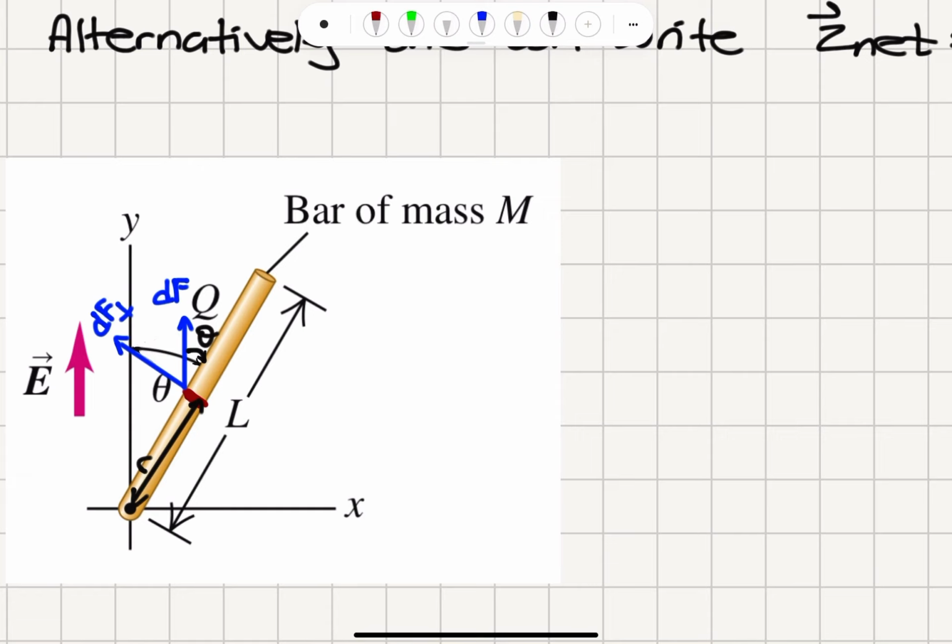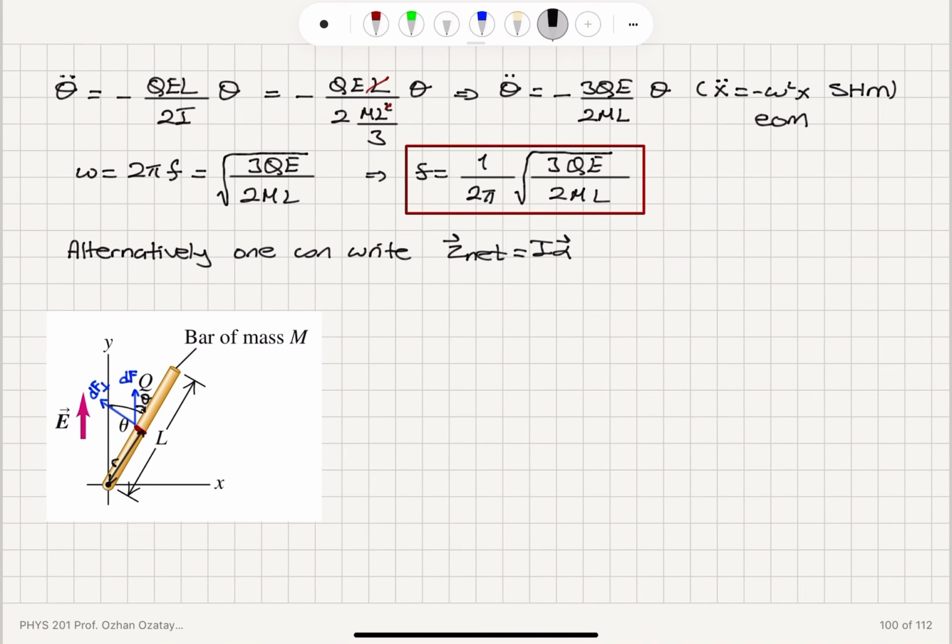This will have a component that goes through the pivot point, and another component which is perpendicular to the bar, which is dF perpendicular. So the torque on this element is going to be the perpendicular distance r times dF perpendicular.